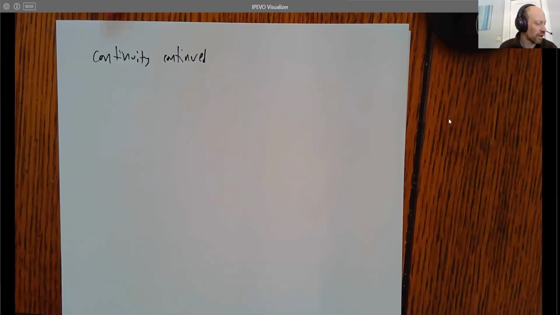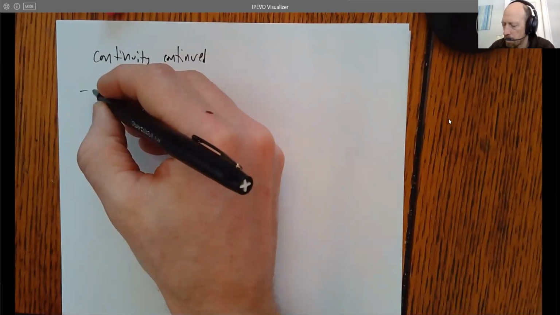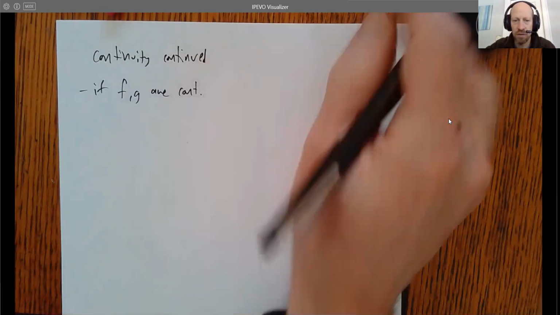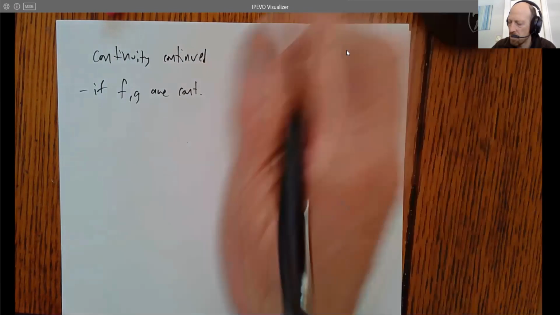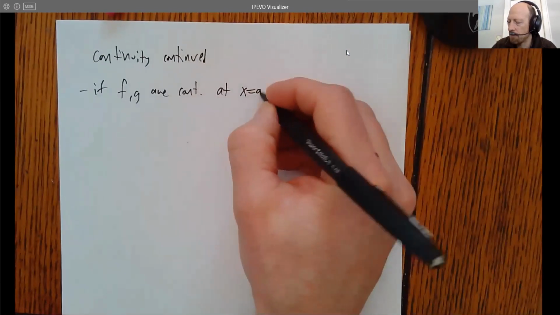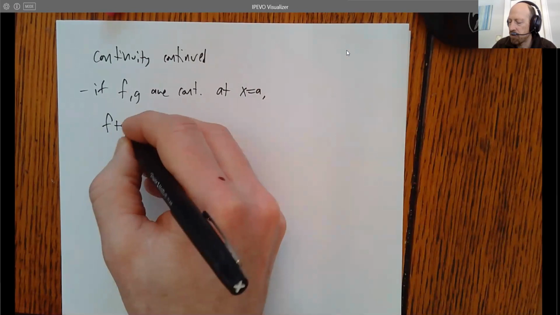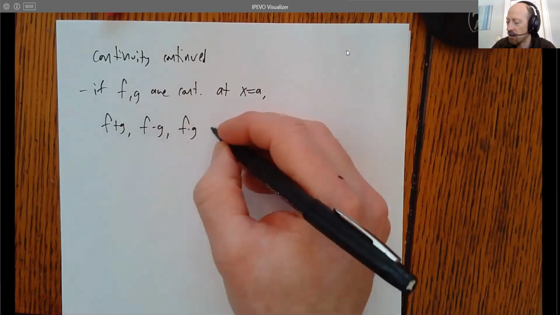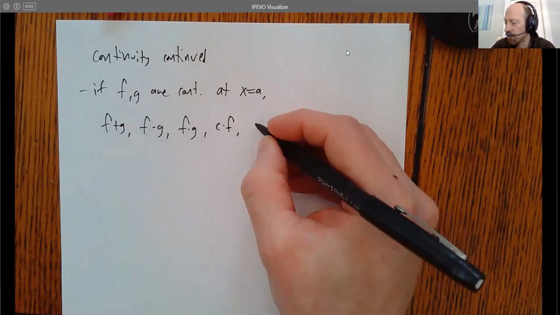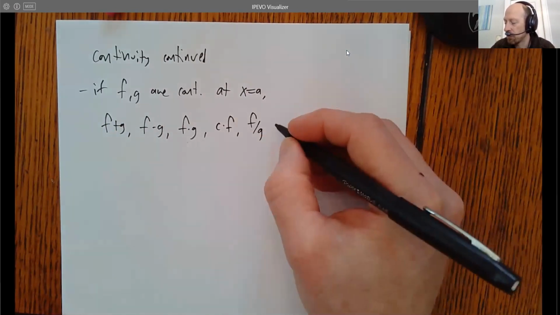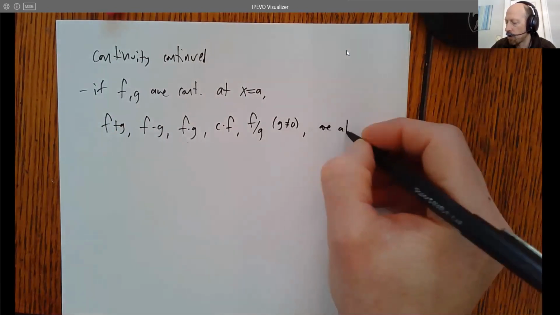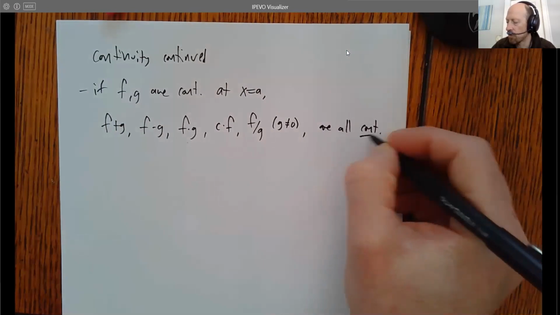What we'll learn in this section as you look through it is that if f and g are continuous at x equal a, then f plus g, f minus g, f times g, constant times f, f divided by g, as long as g does not equal 0, are all continuous.